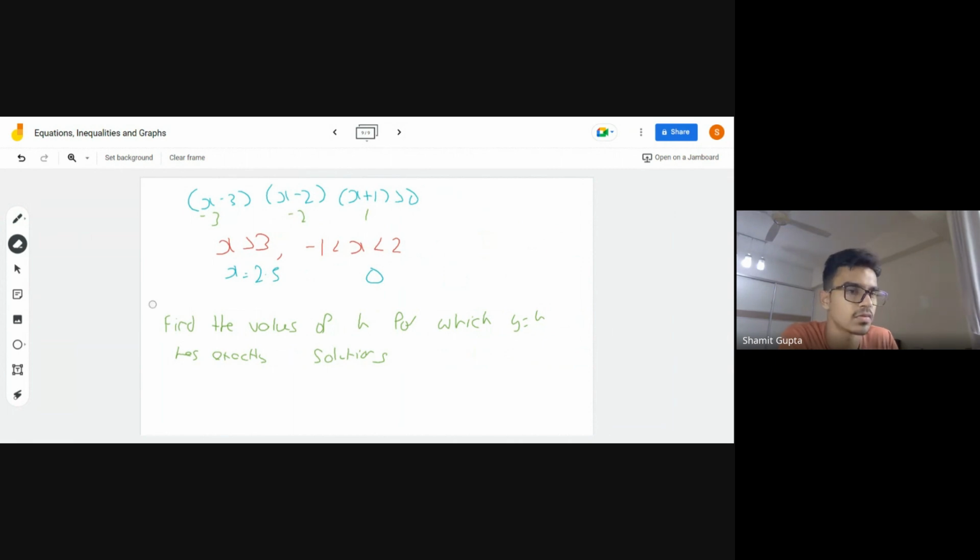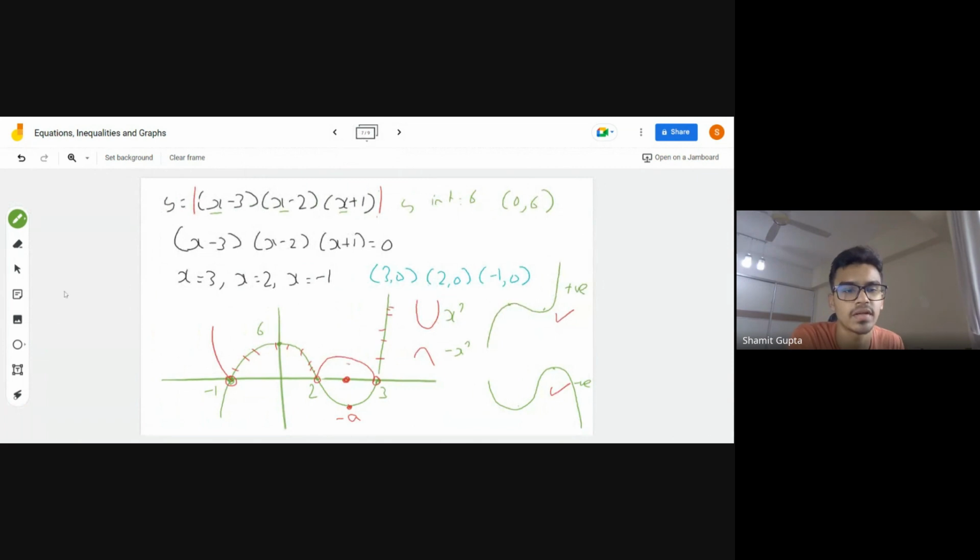For 4 solutions, it will probably require you to use calculus, and we don't want to go there yet. So y equals k has 3 solutions.